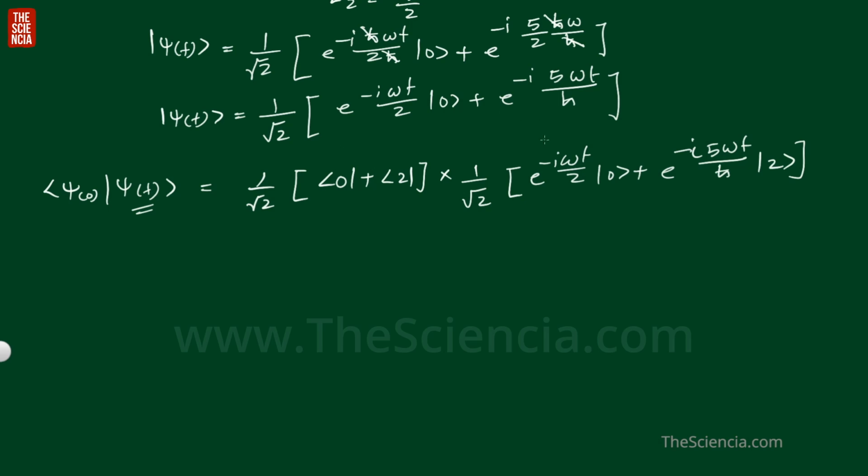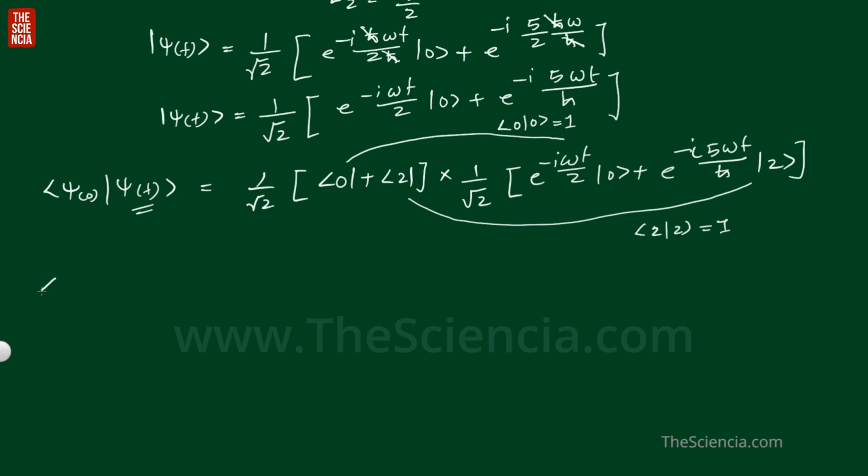When we are doing this multiplication, these two terms will exist. All other terms will be equal to 0, because the inner product of 0 with 0 will be equal to 1, and the inner product of 2 with 2 will also be equal to 1, and all other combinations will be 0, right?